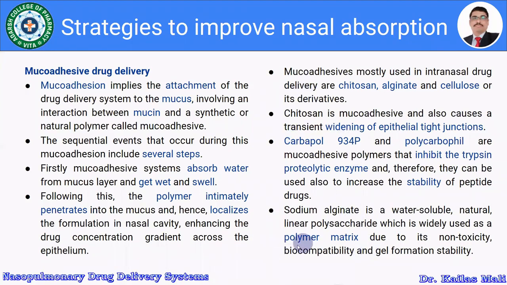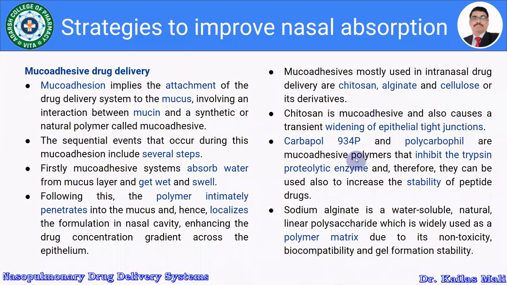It is possible to prepare microparticles also, and they are retained for a long period of time in the nasal cavity by using polymers like chitosan, sodium alginate, carboxymethyl cellulose, and polycarbophil. They also have the added advantage of acting as permeation enhancers. So this is about the mucoadhesive drug delivery system as one of the strategies to improve the nasal absorption of the drug.